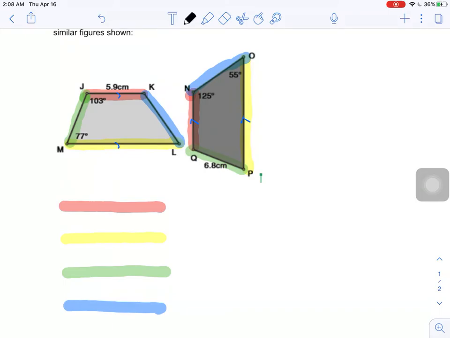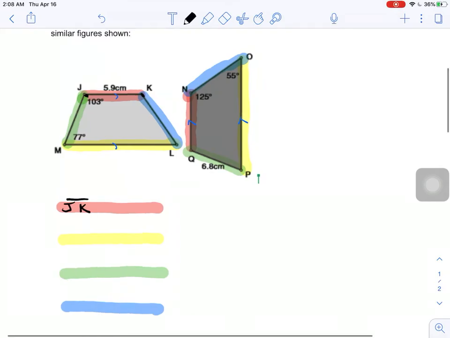The way we list out sides, we've got red side matching with red side, and we're going to put some reminders about this. We can use the vertices or the corners of the shape to list out the sides. So the red side on the left shape, we could call side JK. But the way that we're going to say that that's a side length is by putting a little bar over it.